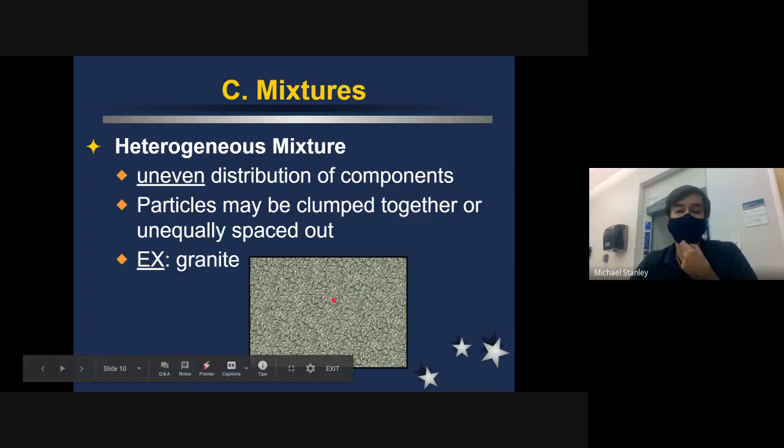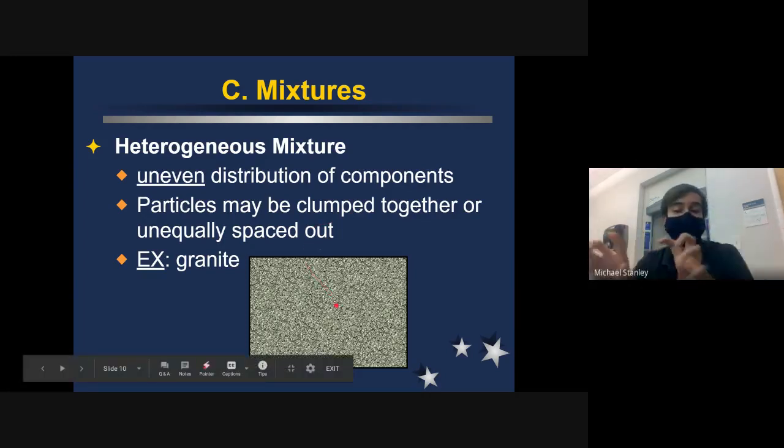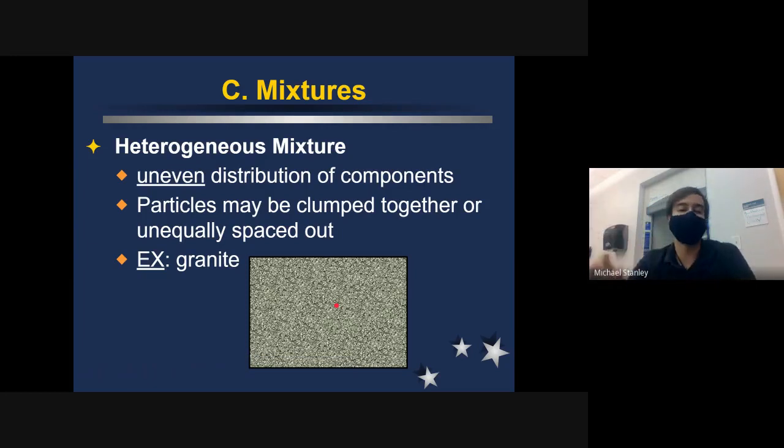So granite is a good example. Granite is a type of rock that people really like to use for countertops and stuff in their homes. If you ever look at somebody's granite countertop, you see all these different colors mixed in around it. The colors come from different minerals that are present in the granite.